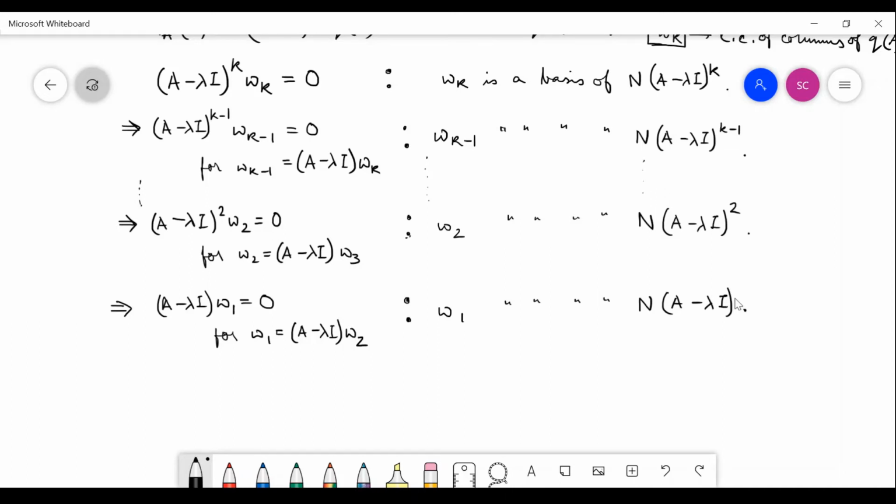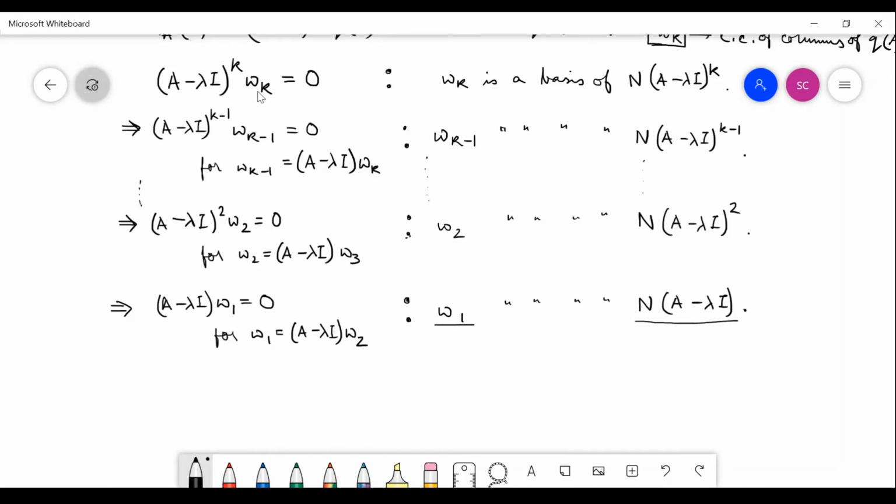Where have we reached now? After doing all these things, we have reached the null space of A minus lambda I. We have found a vector so that A minus lambda I times that vector will be equal to 0.